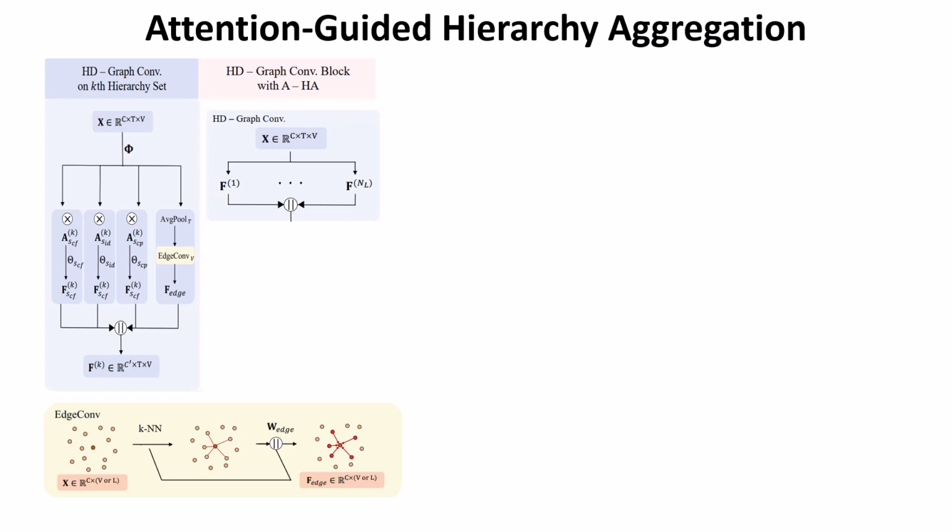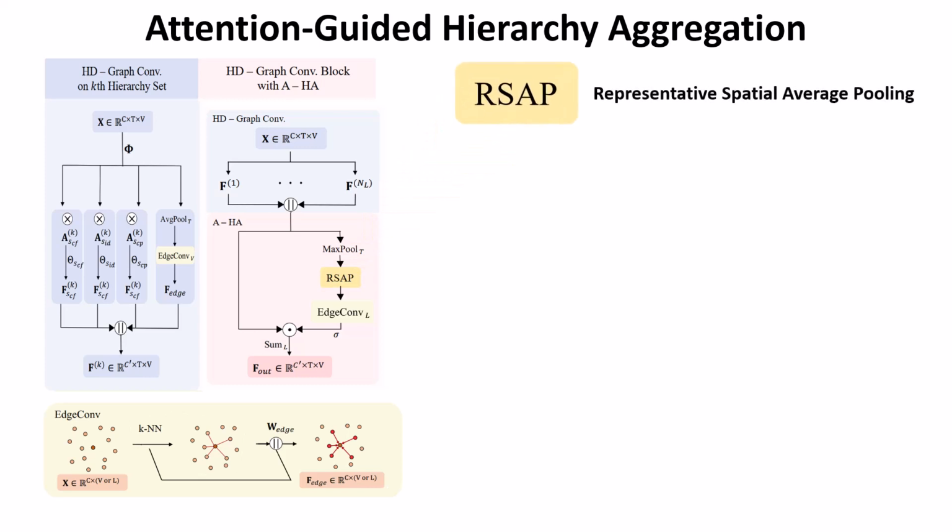So they say instead of taking their sum, we can concatenate them all initially and then take their weighted average. But why do they do concatenation? What's the purpose? It's because of this AHA module, or this attention-guided hierarchy aggregation, which initially does some max pooling over the t dimension again, and then this RSAP module, which is representative spatial average pooling.